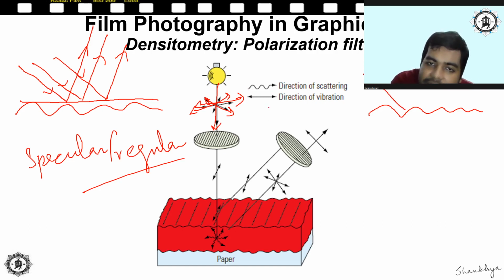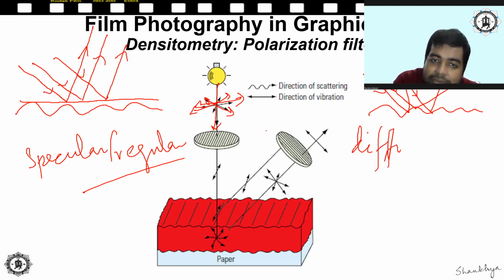No. Here, if you see, this is light falling here, this is light falling here, and another light falling here. So this may reflect in this direction, this in this direction, and this in this direction. So in case of a dry ink film, we get diffused or irregular reflection of light.